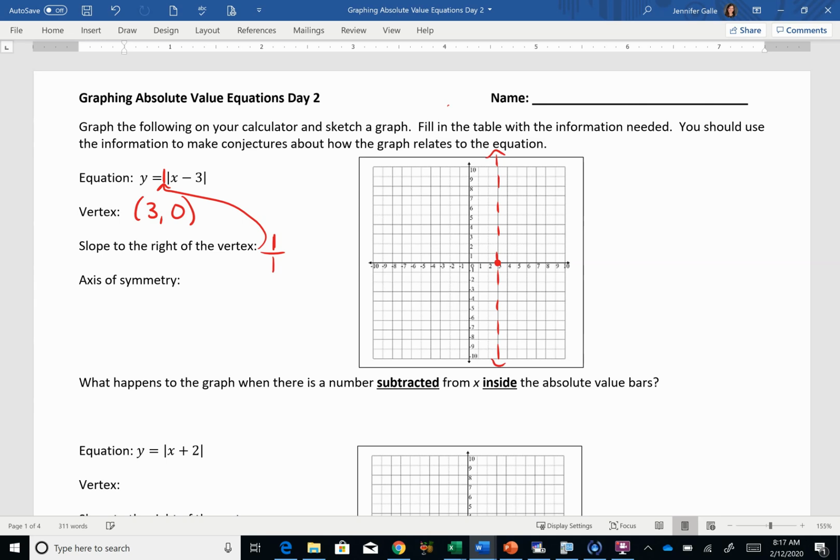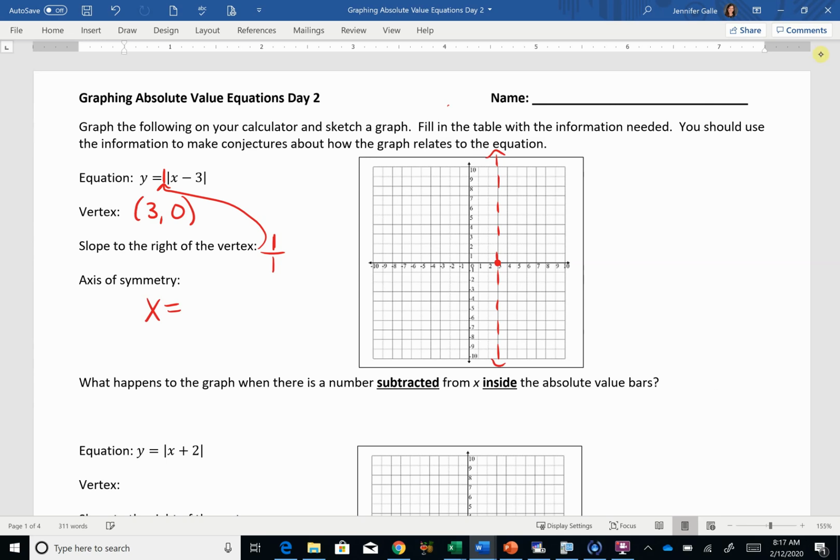Yesterday, our axis of symmetry was always x equals 0. Now that our graph has been moved, it's not going to be 0 anymore. It is a vertical line, so it still stays x equals. Anytime we've graphed vertical lines this trimester, it's always been x equals to give us a vertical line. But now we have to stop and think about what x does equal on that vertical line.